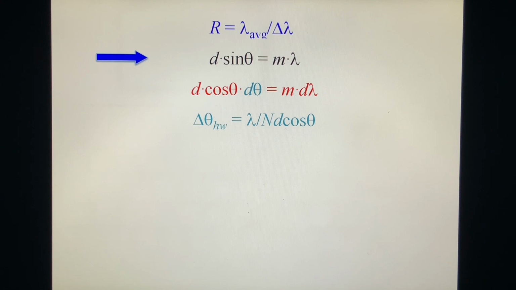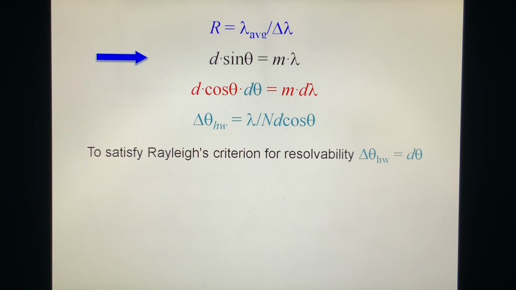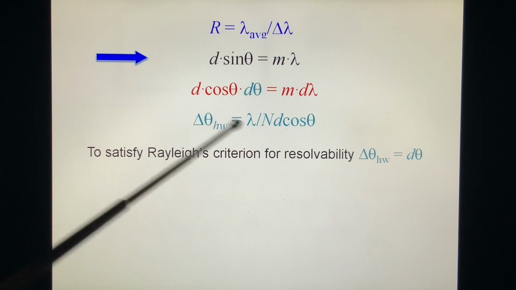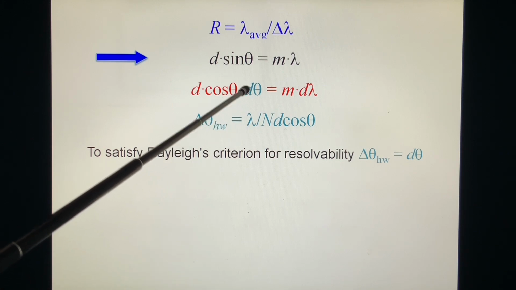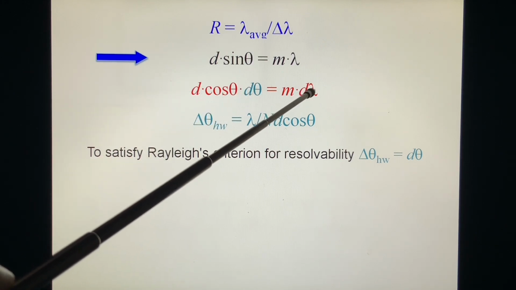We have learned this before. This is actually related to Rayleigh's criterion. If two lines can be distinguished, the angle between them must be larger than the half-width angle. So we set this one equal to this one in order to separate these two lines.